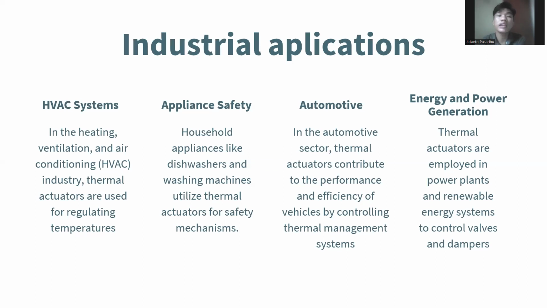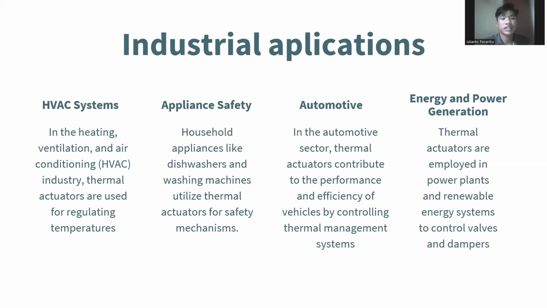Okay, there are many industrial applications of thermal actuators. In this slide, I want to introduce four industrial applications. Number one is HVAC system. In the heating, ventilation, and air conditioning industry, thermal actuators are used for regulating temperature. Number two, appliance safety.